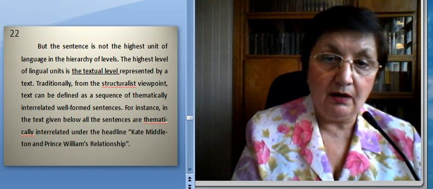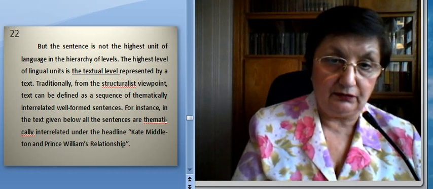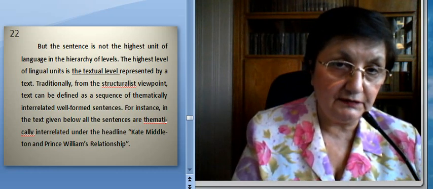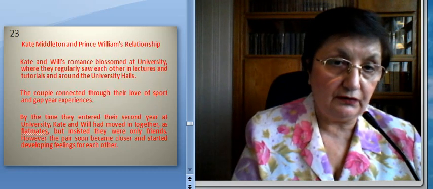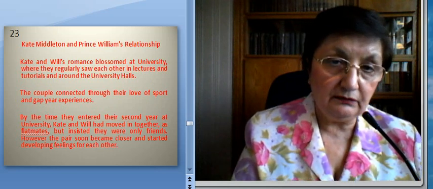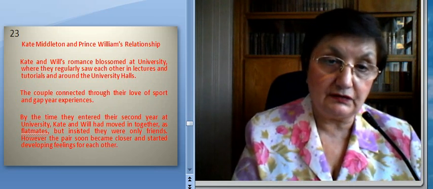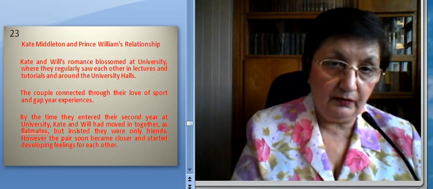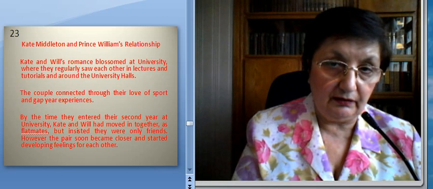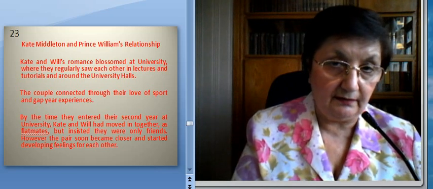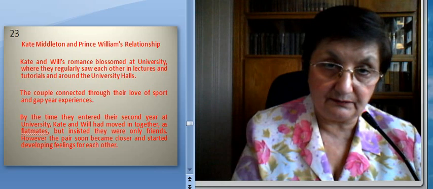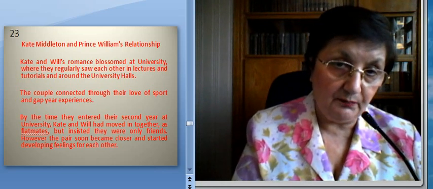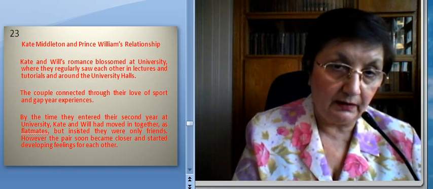Kate Middleton and Prince William's relationship. Kate and Will's romance blossomed at university, where they regularly saw each other in lectures and tutorials and around the university halls. The couple connected through their love of sport and gap year experiences. By the time they entered their second year at university, Kate and Will had moved in together as flatmates, but insisted they were only friends.